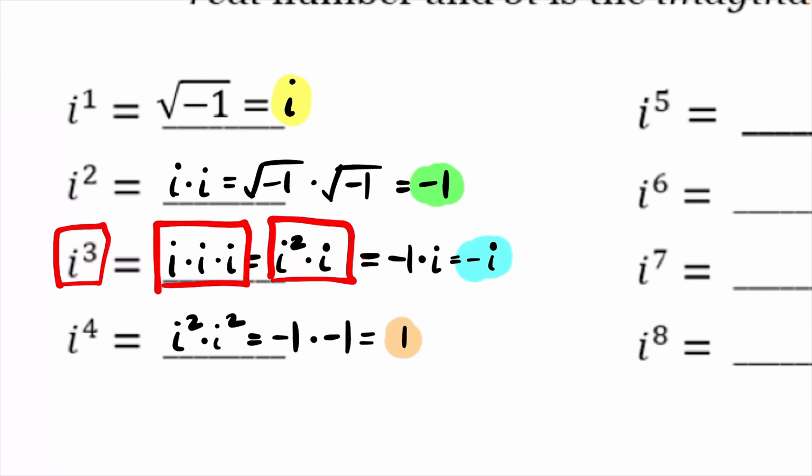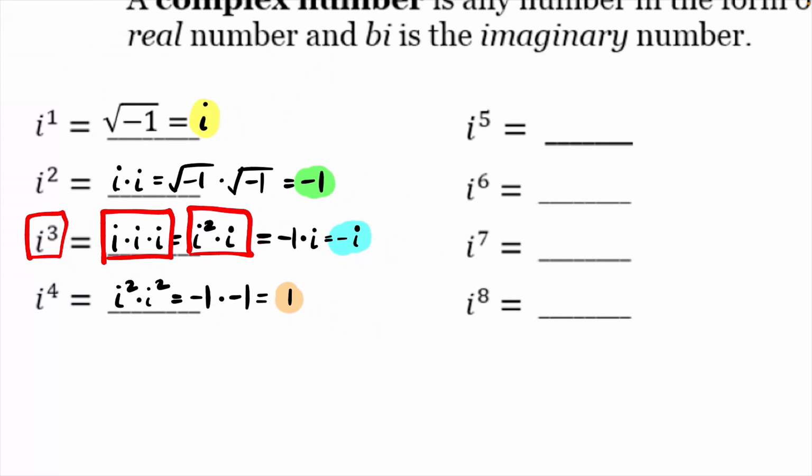Okay. Let's go to the fifth. How can I rewrite i to the fifth using things I know? i to the third, i to the second, i to the fourth, i to the first. Any of those will work, right? So let's go i to the third, i to the second. What is i to the third equal to? Negative i, or -1i, right?